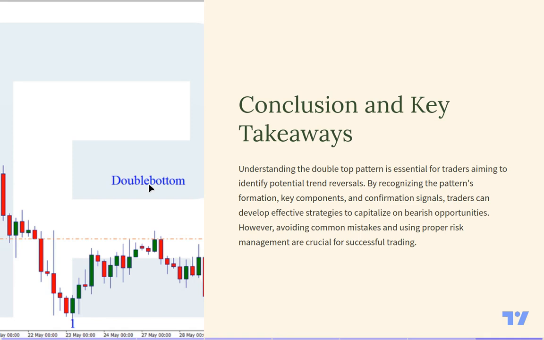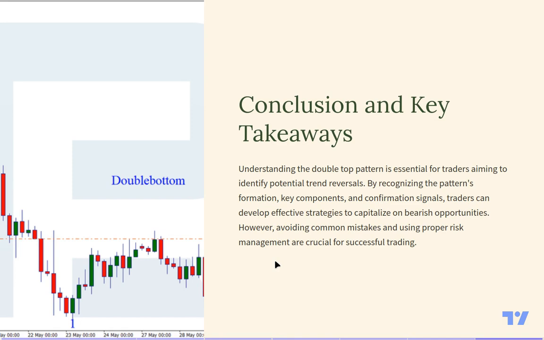Now, in conclusion, understanding the double top pattern is essential for traders aiming to identify potential trend reversals. By recognizing the pattern's formation, key components, and confirmation signals, traders can develop effective strategies to capitalize on bearish opportunities. However, avoiding common mistakes and using proper risk management are crucial for successful trading.